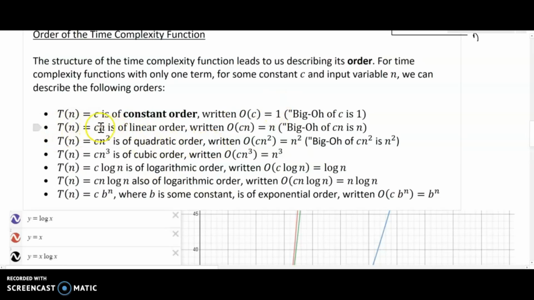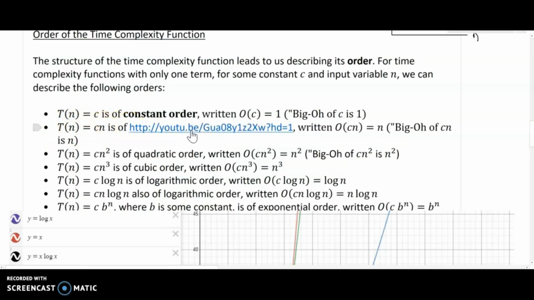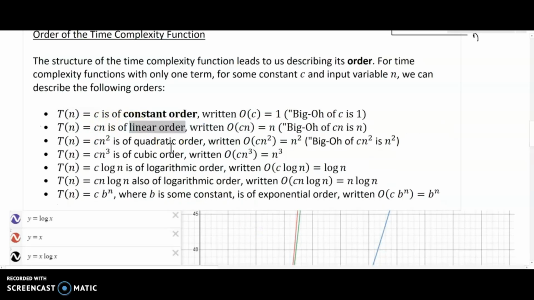If your time complexity is some multiple of n, that's a linear function, and that's called linear order. The order of a constant times n is just written as n. Again, n is the simplest linear function you can have.